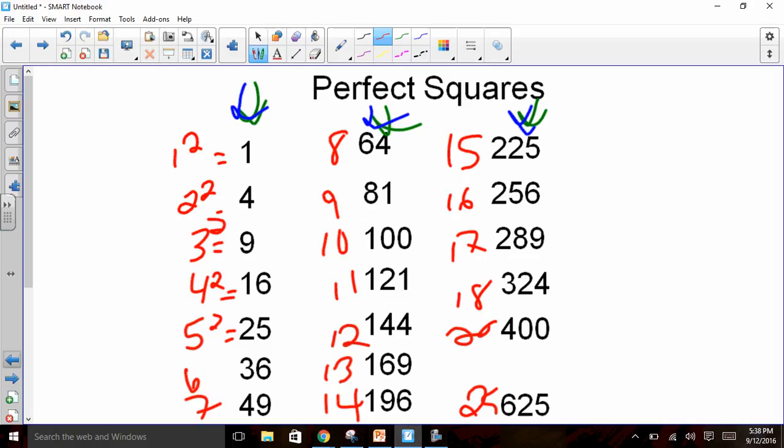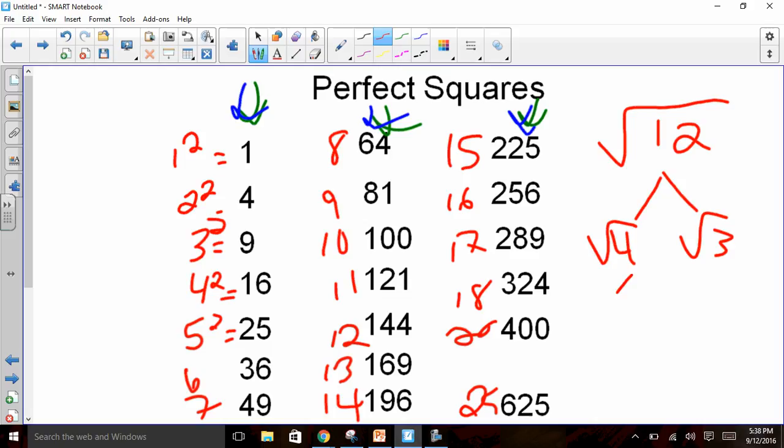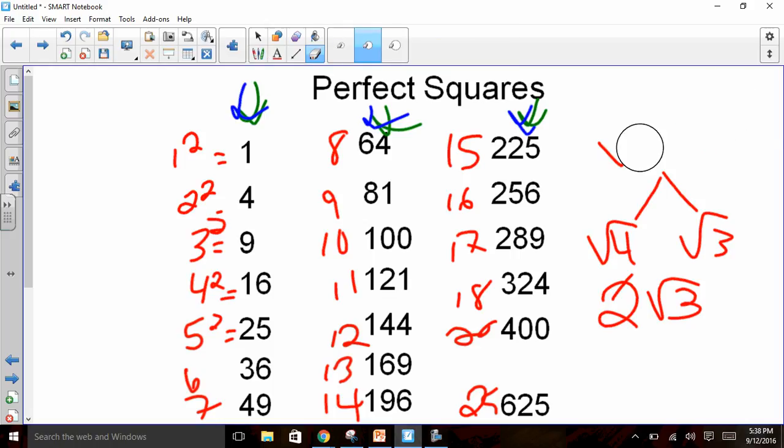Well, if we look at the square root of 12 for a second, this is what's called an aside. The square root of 12 breaks into the square root of 4 times the square root of 3. Square root of 4 is 2. Square root of 3 doesn't change. So I know I'm going to end up having to do that again if I use 4 and 12. I don't want to do that. I'm going to try and pick the biggest possible perfect square.